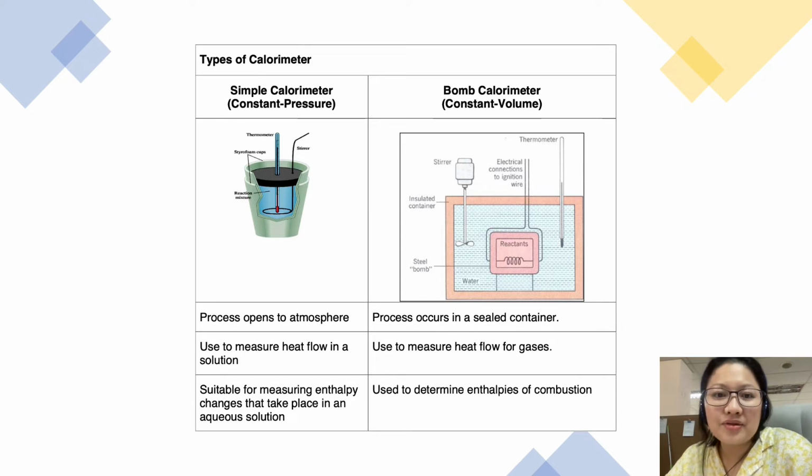Okay, so I will explain to you how the bomb calorimeter works in another video so that you can understand more about this. But for now, I would like to introduce to you what is heat capacity and what is specific heat capacity.